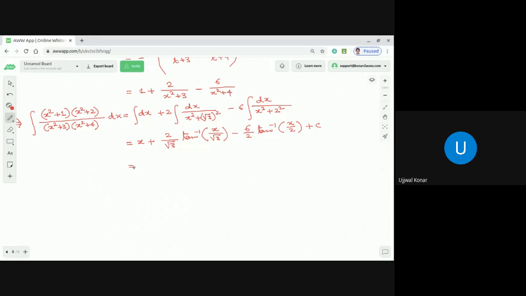So this is equal to x plus 2 by root 3 into tan inverse of x by root 3 minus 3 tan inverse of x by 2 plus c, where c is the integrating constant.